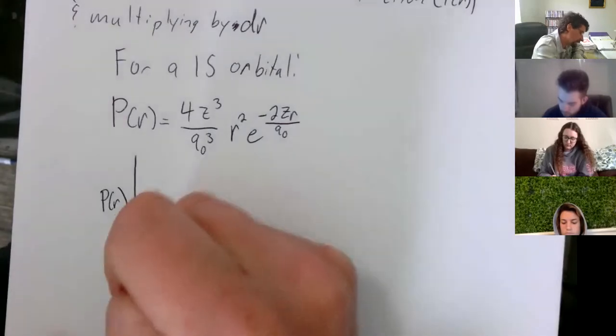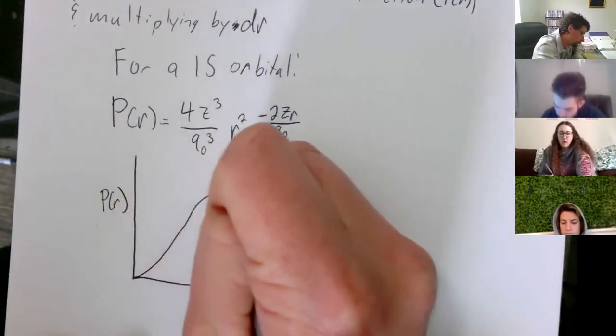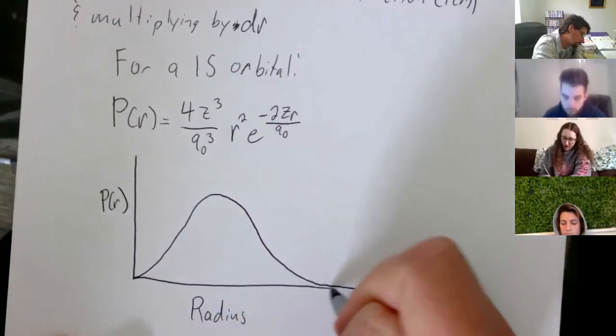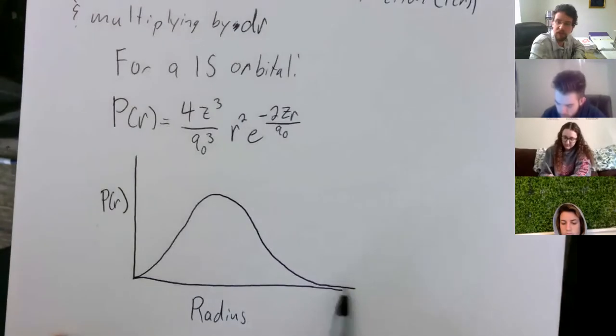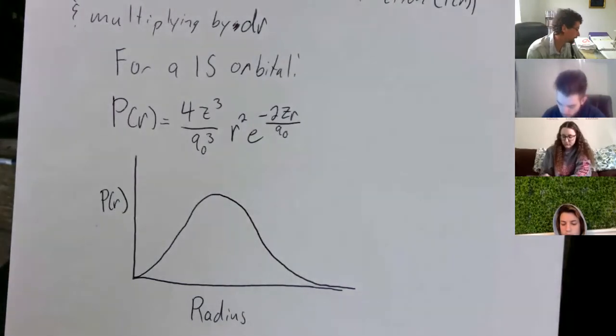And what we should see is a plot like that. And this approaches 0. It never actually touches 0. We can approximate it to be 0 though, because it gets really, really tiny. Okay.